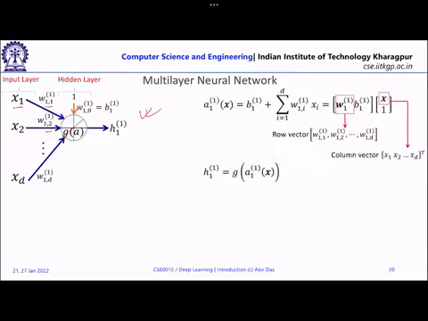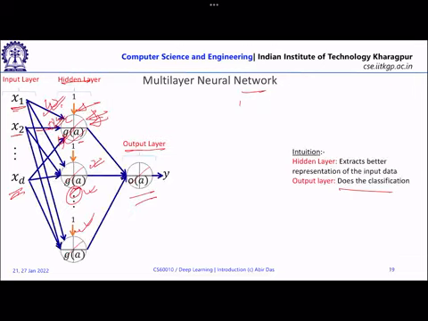So let us see. It will probably be easier from this slide. So this to this is 1 to 1. This is 2 to 1. This is D to 1, right?